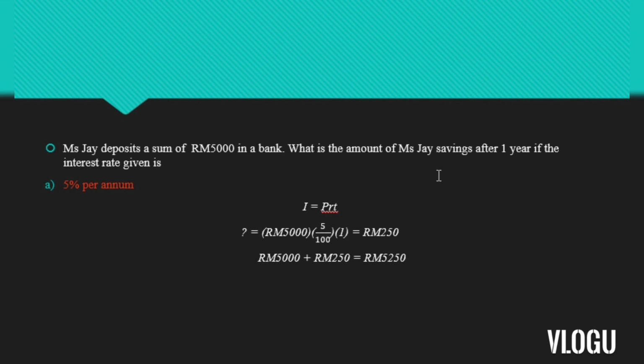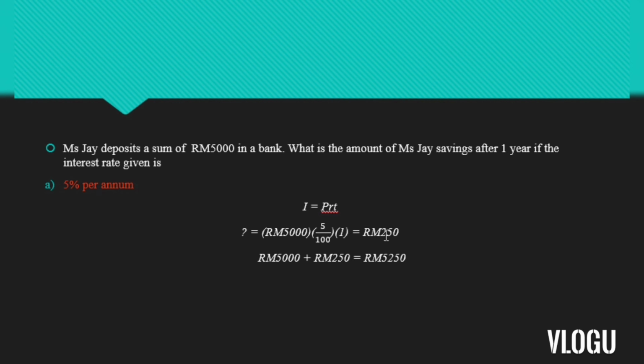So the next question is, Miss J deposits a sum of 5,000 ringgit in a bank. What is the amount of Miss J's savings after 1 year if the interest rate given is 5% per annum? So 5,000 ringgit for principal times 5% per annum times 1 year of saving.